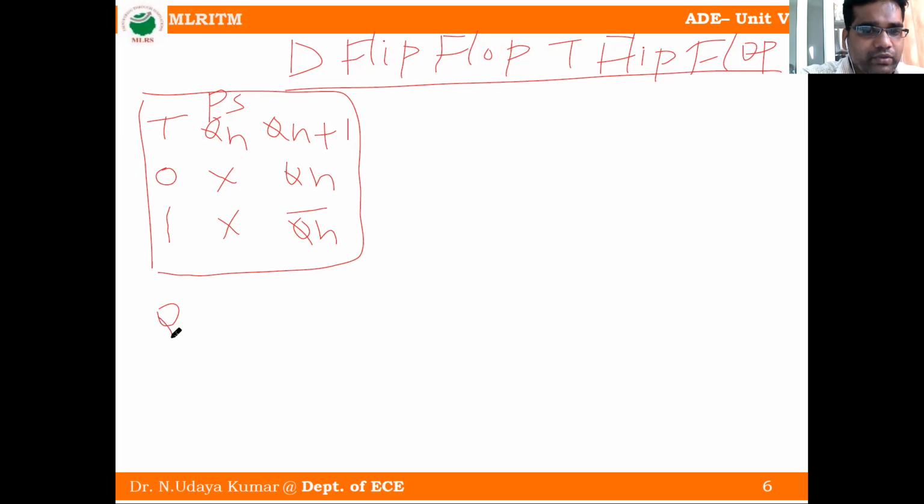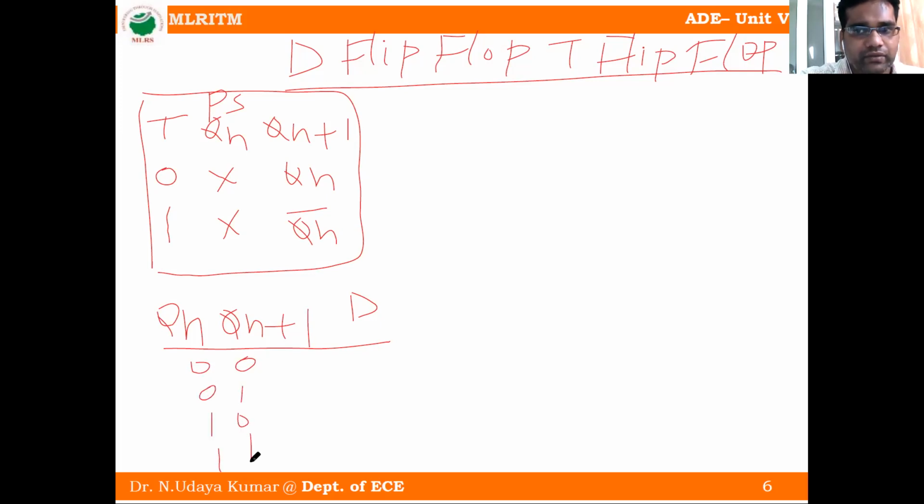The excitation table starts with Qn, Qn plus 1, and D. So that means 0 0, 0 1, 1 0, 1 1. So this is the excitation table for the D flip-flop: for 0 0 we will get 0, then 1, 0, 1.